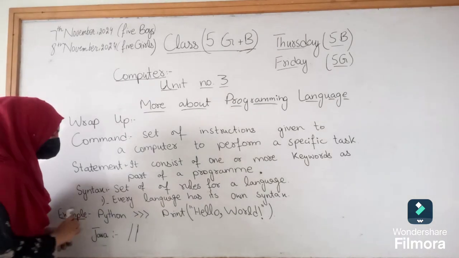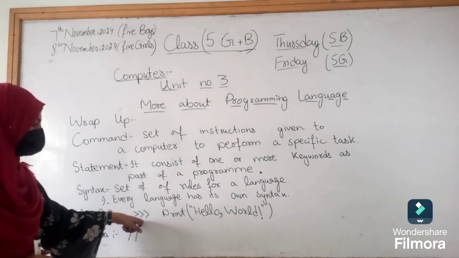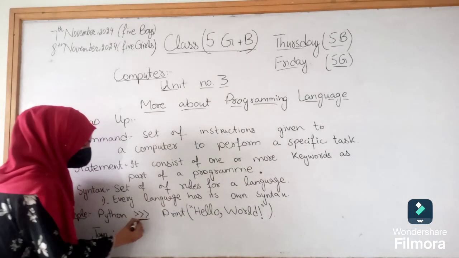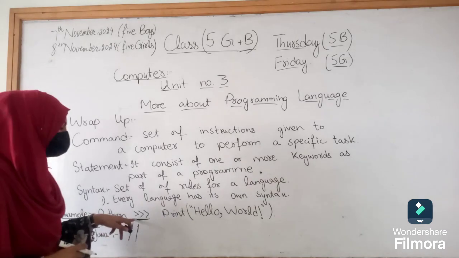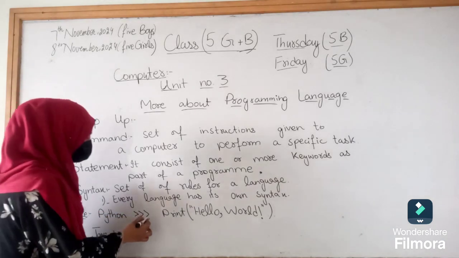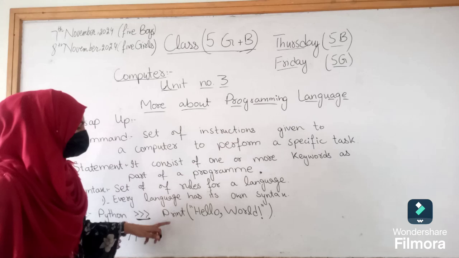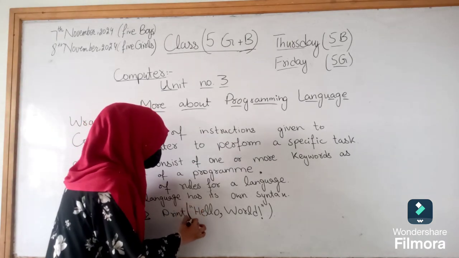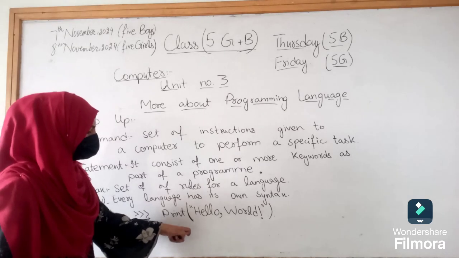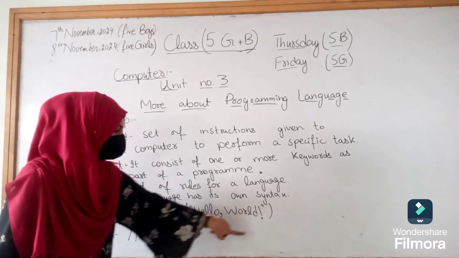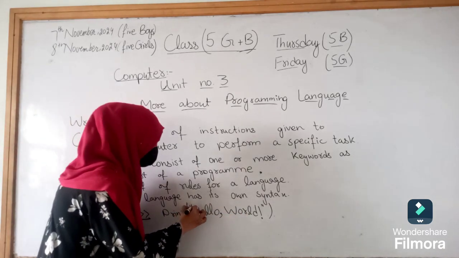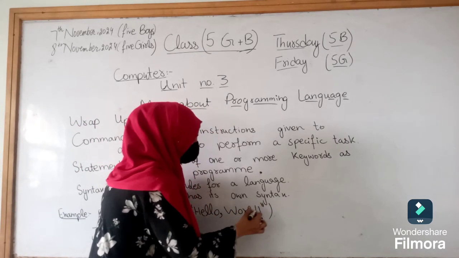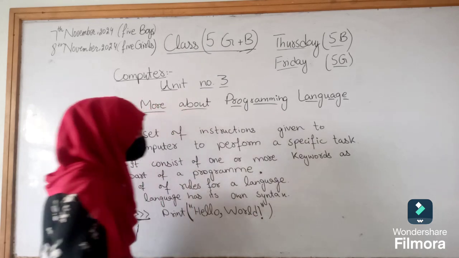So in the example given, this is the syntax of Python: you need to write these symbols 3 times, and these symbols are greater-than symbols. Also, if you want to print something, you need to write a small bracket, and there are these two quotation marks, and there is an exclamation mark.